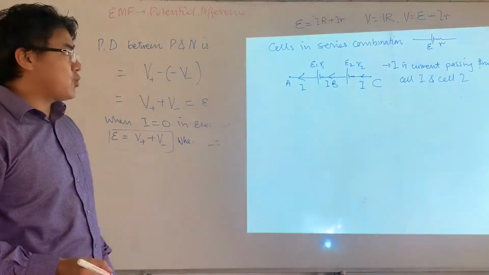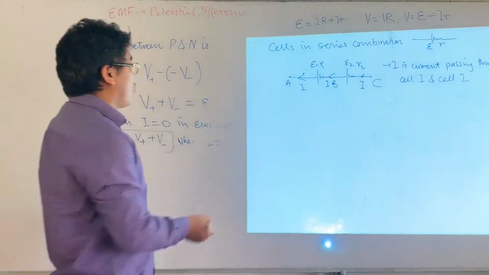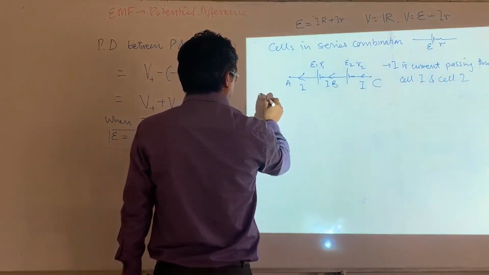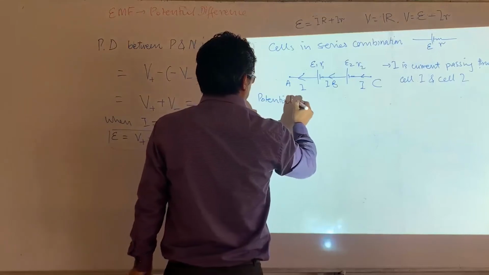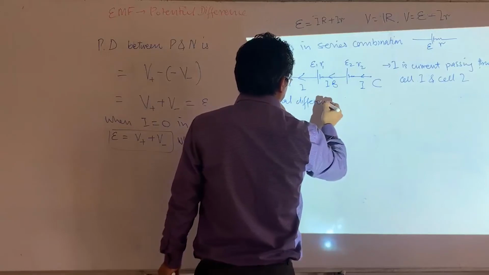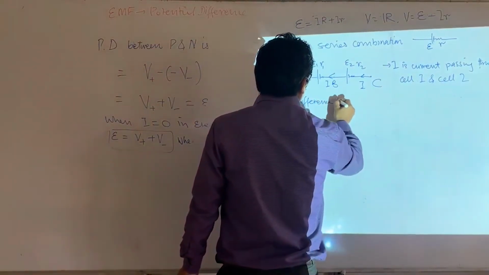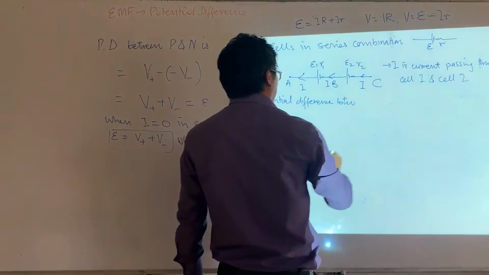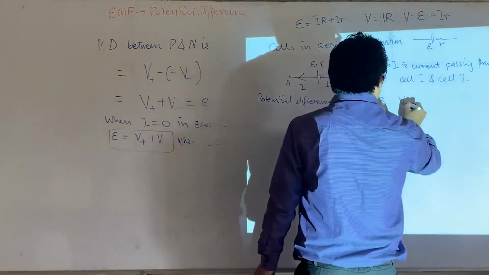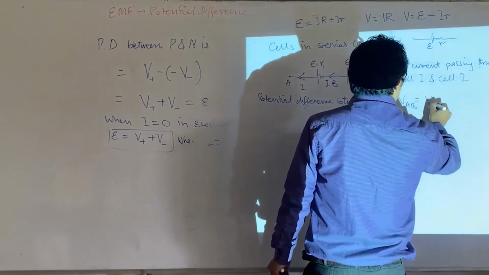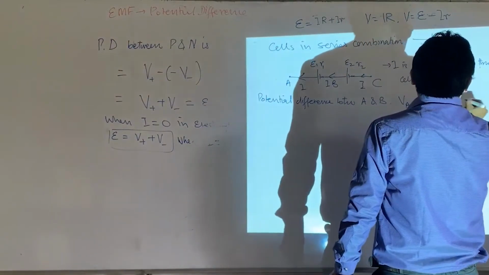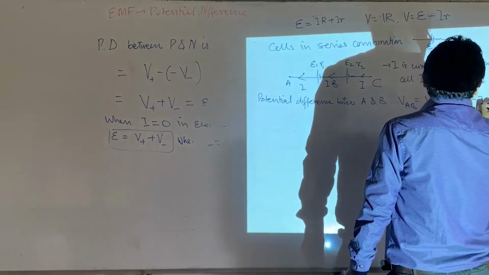Now I would like to find out the potential difference. For cell 1, the potential difference between A and B is VAB equal to VA minus VB, which is going to be EMF 1 minus Ir1.